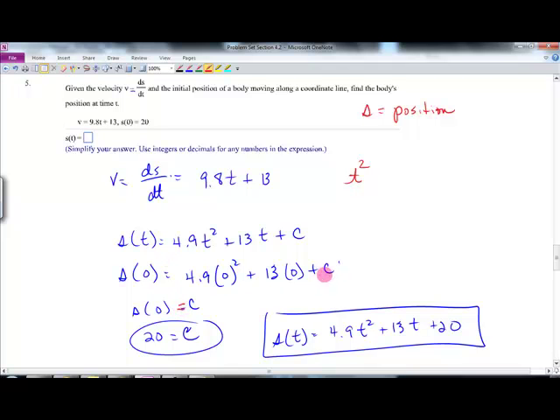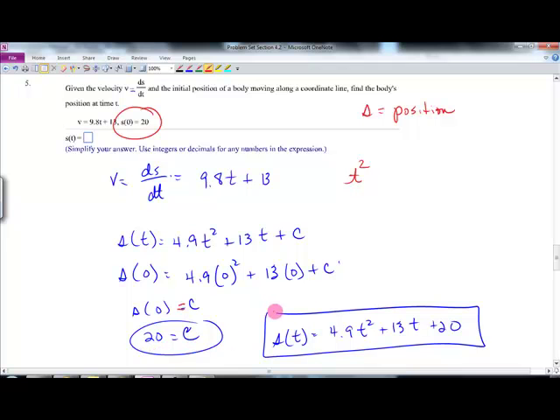You would have c equals s of 0. And s of 0 is 20. So 20 equals c in this particular instance. We plugged in 0 there for time, and we end up with c equals s of 0. But here we were given s of 0 is 20.